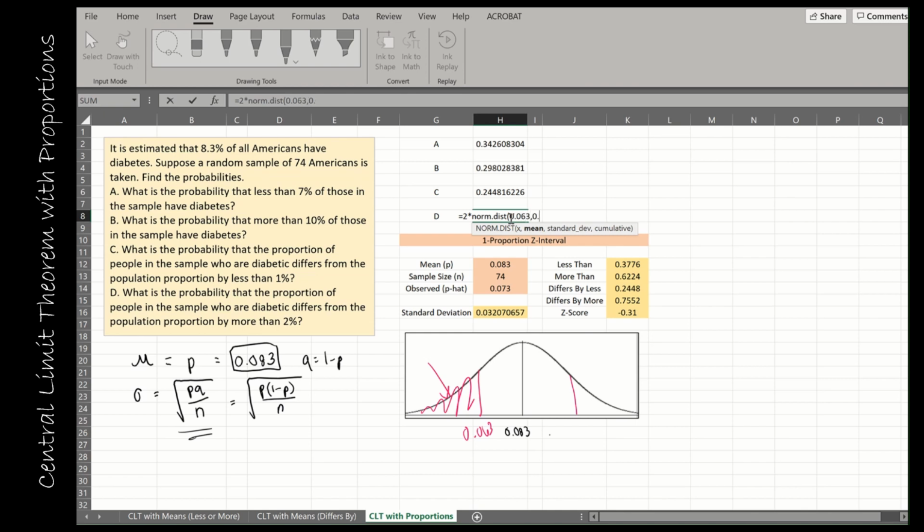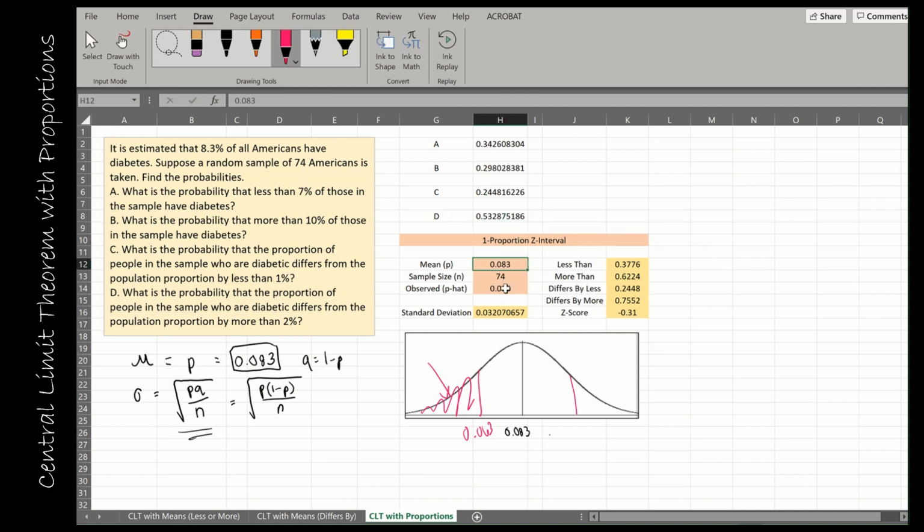Mean is 0.083. And then standard deviation is the square root of 0.083 times 1 minus 0.083 divided by 74. And then cumulative is true. So let's see how I did.